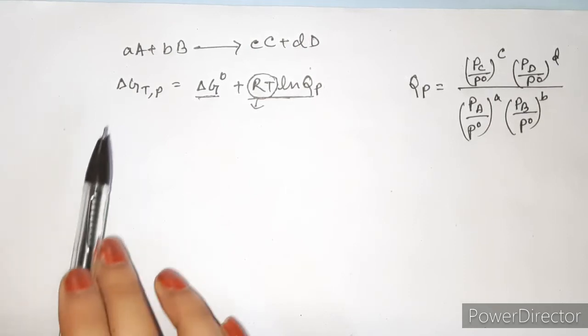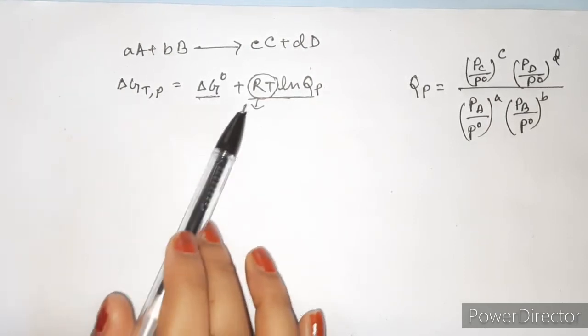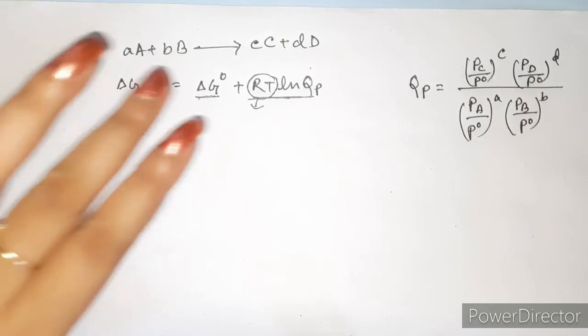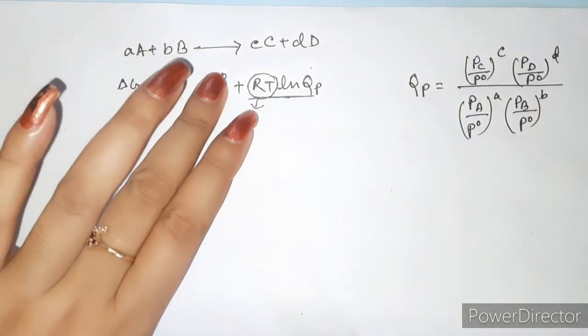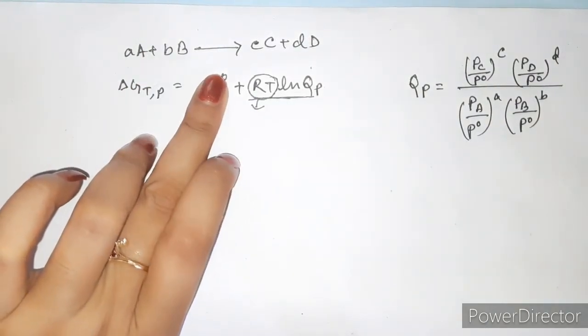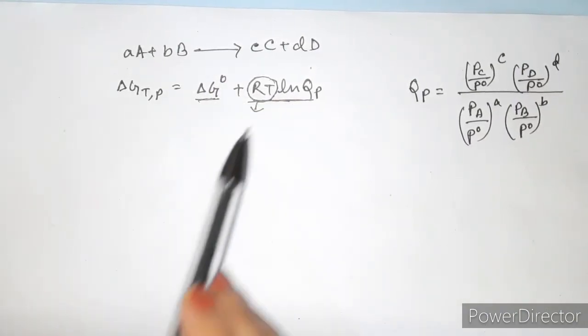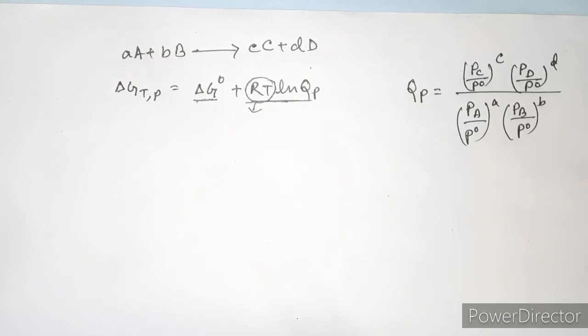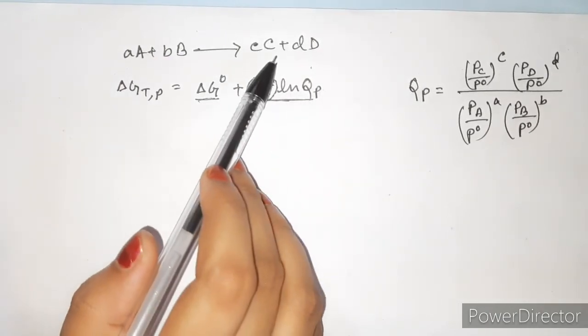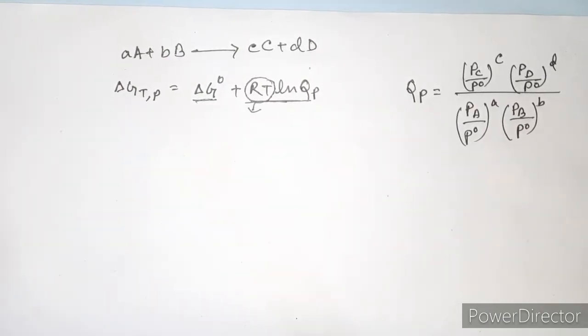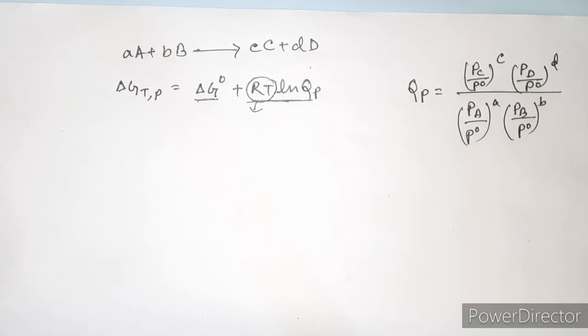That means the del G value will be negative. Don't think about this part, it is constant, so something negative: RT ln Qp will be negative when the product partial pressure is less than the reactant partial pressure.